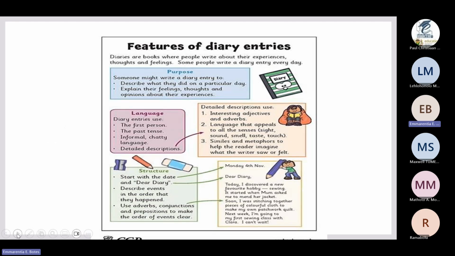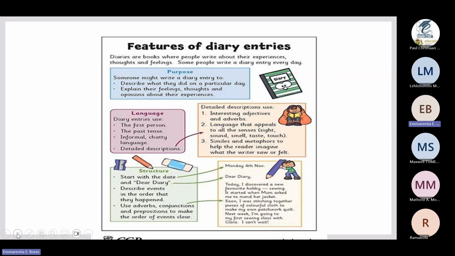There we just look at the features of a diary entry. Diaries are books where people write about their experiences, thoughts, and feelings. Some people write a diary entry every day because they want to reflect every day. Now, the purpose, you might write a diary entry to describe what you did on a particular day, explain your feelings, thoughts, and opinions about your experiences.